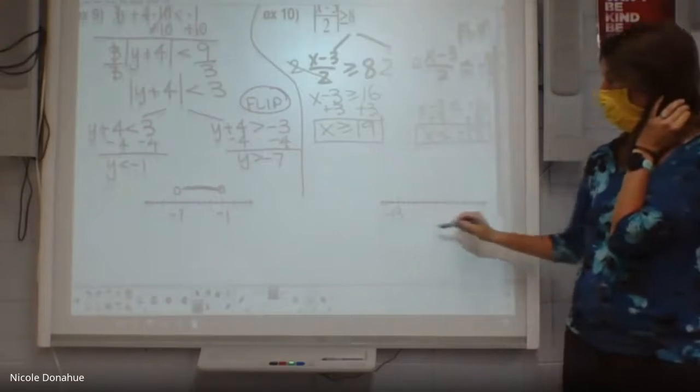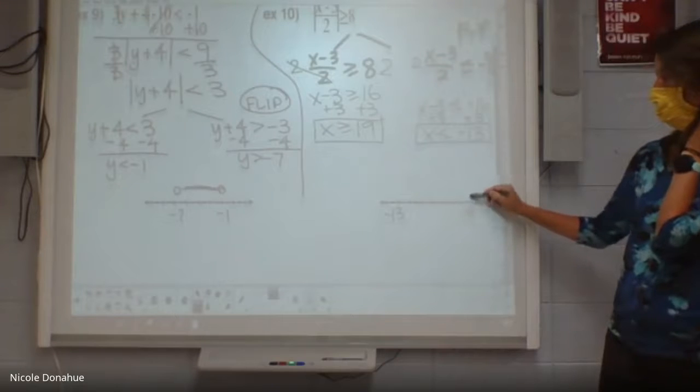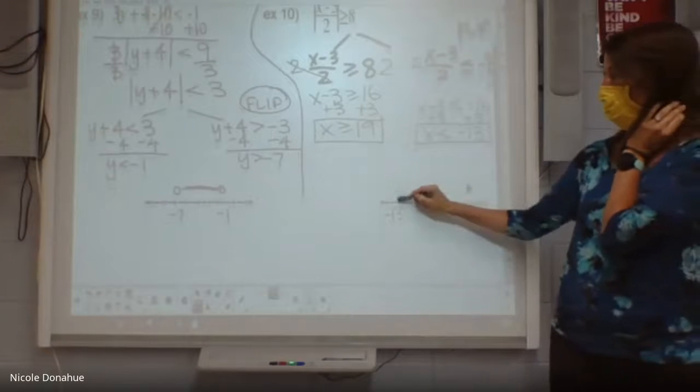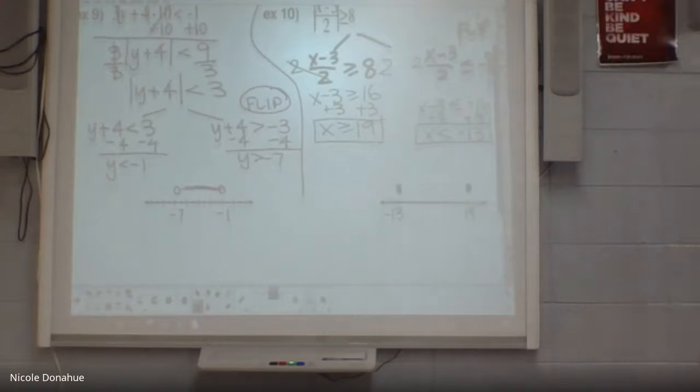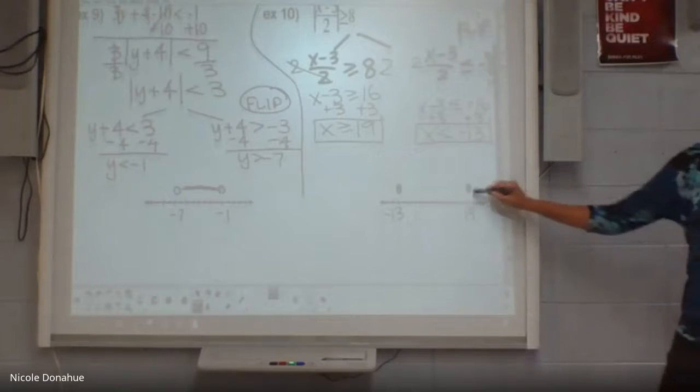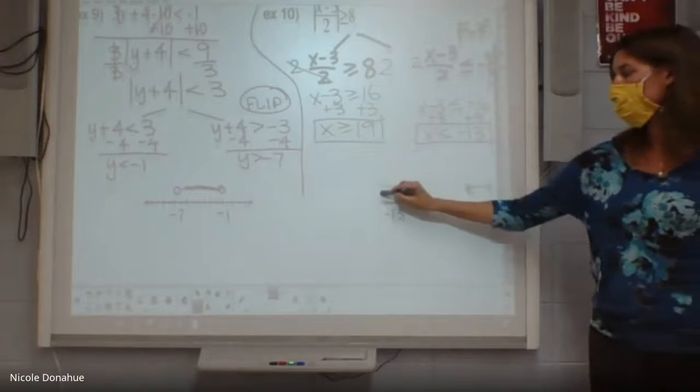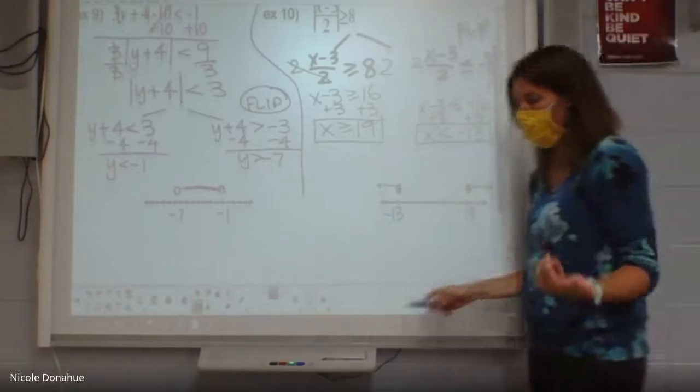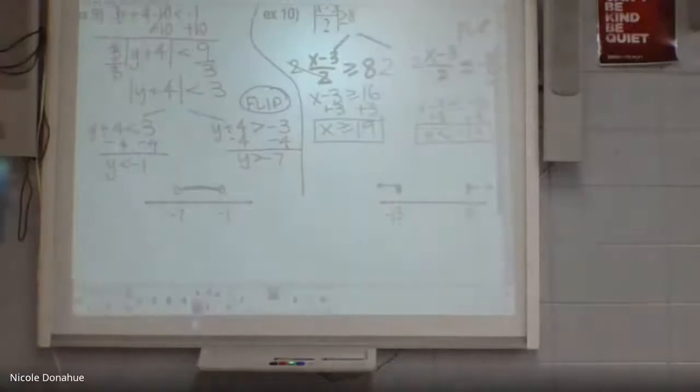So negative 13 is smaller than 19. I filled in circles this time. It's greater than 19 and less than negative 13. Go out. So this would be an OR inequality.